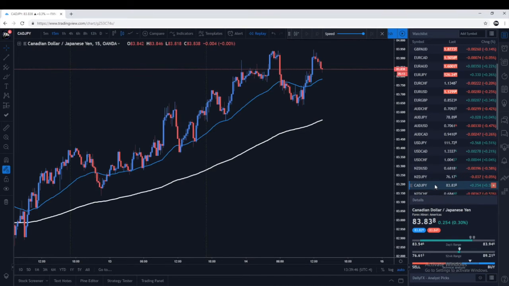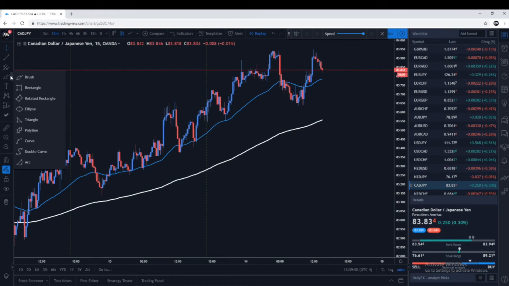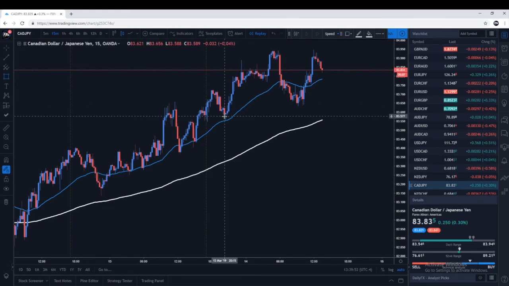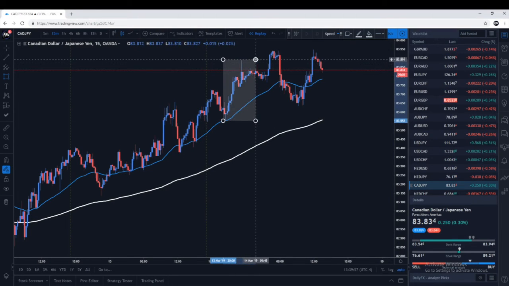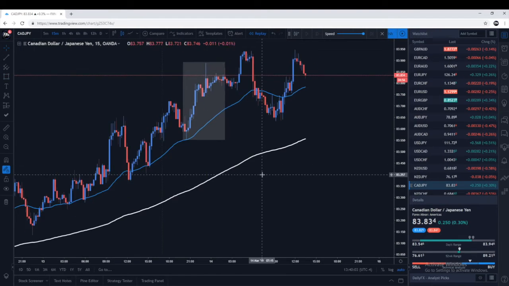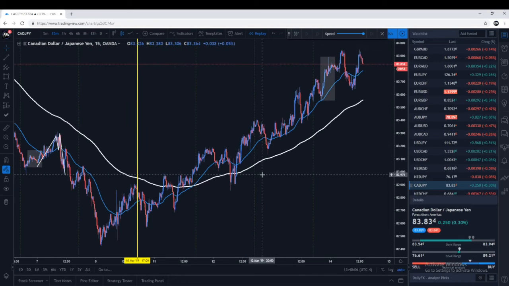Another pair that had a very nice setup was CAD JPY. And this one here, I want you to look at what's happened so far on this pair.